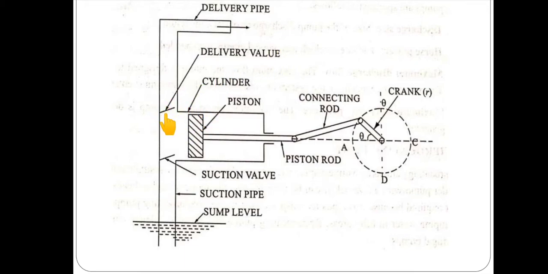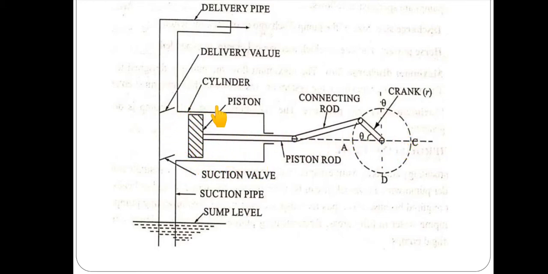Is it understood? Let me explain again if you need. It consists of suction pipe, delivery pipe, suction valve, delivery valve, cylinder, piston, connecting rod and crank. When you switch on the motor, the piston starts moving from left hand to right hand.